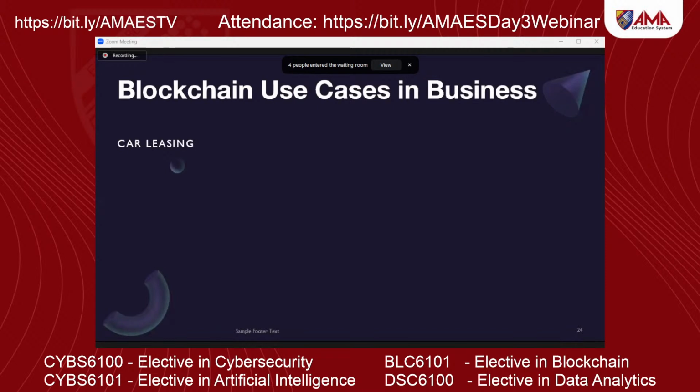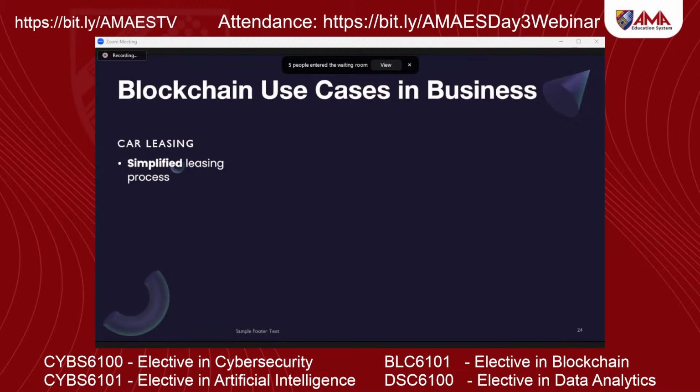Okay, so for national use cases ulit, car leasing, ito yung mga bumibili ng mga sasakyan. Okay? Simplified leasing process. So mas mabilis, like said yesterday, Lamborghini is the first car company na pwedeng makapagbayad using Bitcoin.